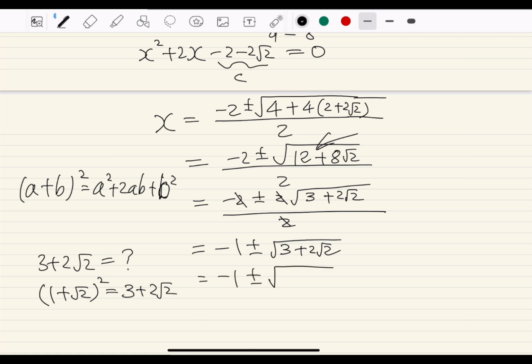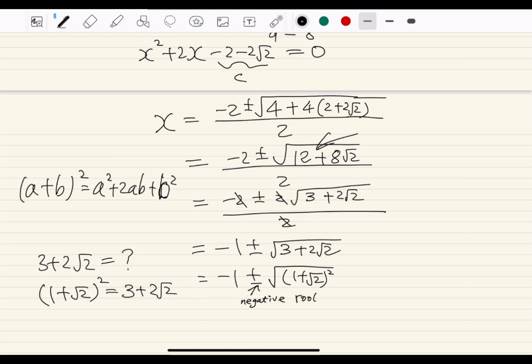Then we know that we cannot take the minus sign here, because if we take the minus sign, our result will be negative, and all the lengths of a cuboid must be positive, so the negative root is not valid.